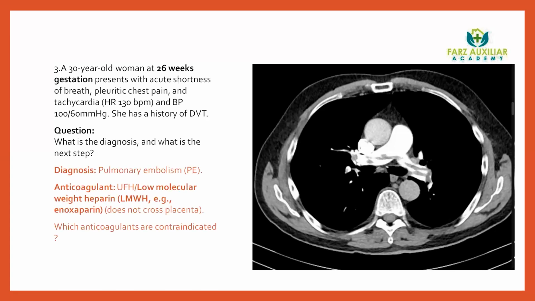As Anup clearly mentioned, pulmonary embolism is the diagnosis, and the anticoagulation choice. One particular question I want to add is, which anticoagulation drugs are contraindicated in pregnancy? Warfarin. Warfarin and anything else?